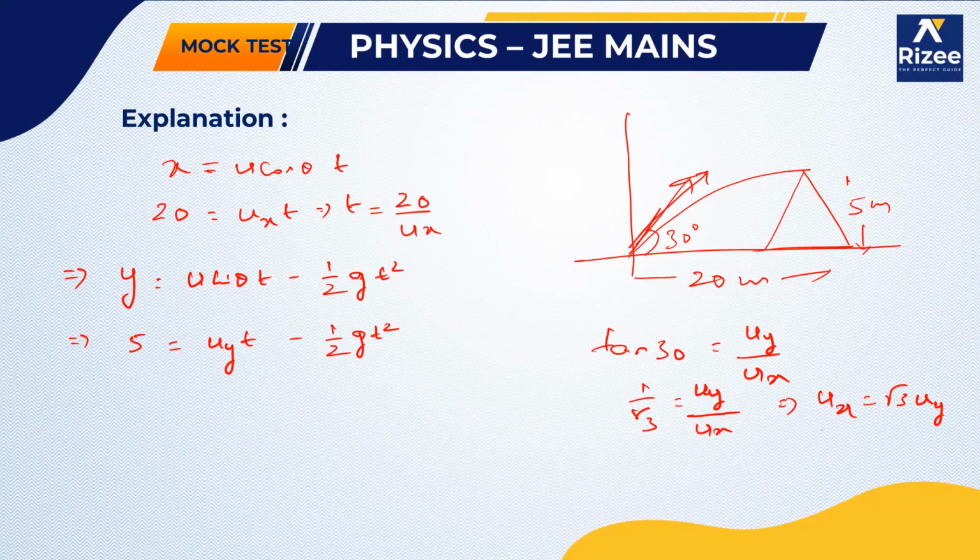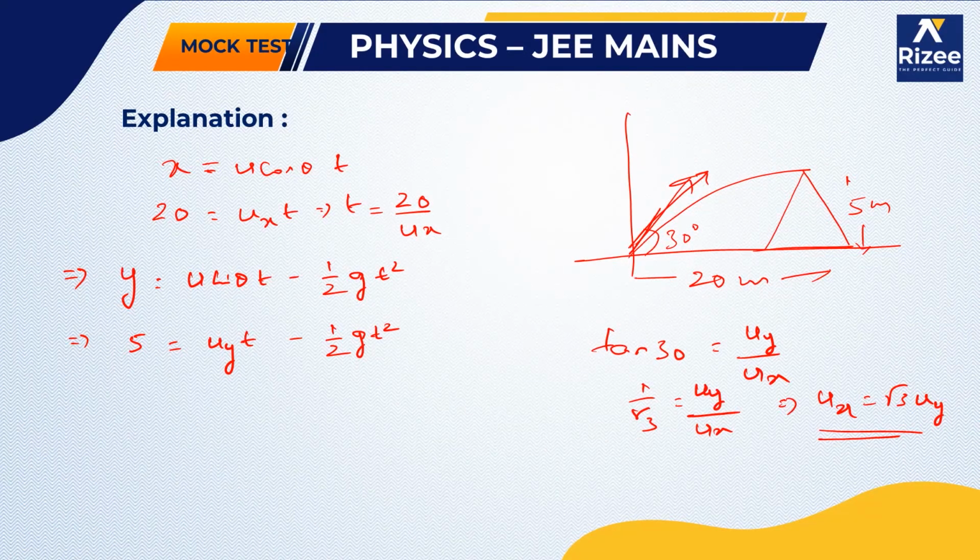This is the relationship. You can also substitute u cos theta and u sin theta: ux is u cos 30, that is u into root 3 by 2, and uy is u sin 30, that is u by 2. So from that also you can write ux is equal to root 3 uy.